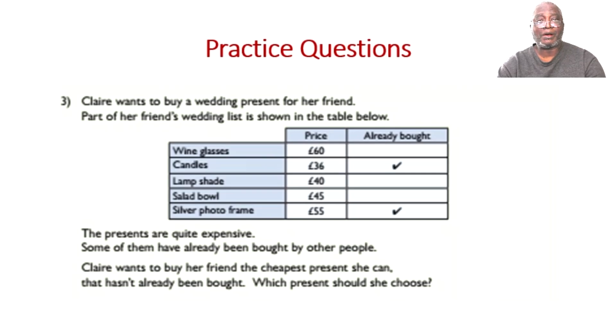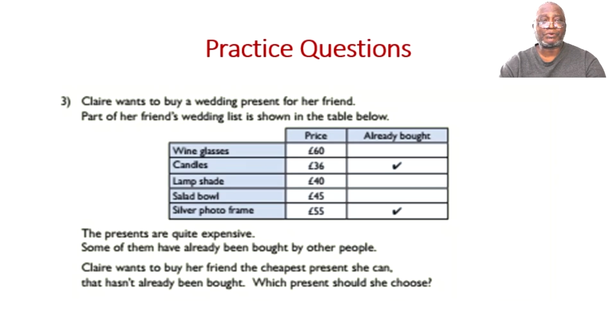You will want to buy what the person doesn't have but needs. And usually they tell you the type of present they want. So that's what this table is about. So you look at the prices, you look at the presents that have already been bought, and then based on Claire's budget, you can decide on which price to buy for her.